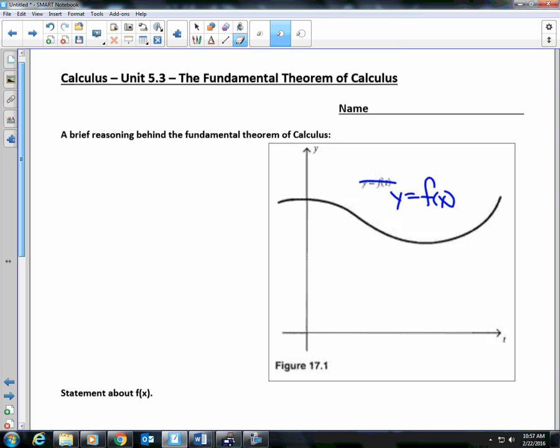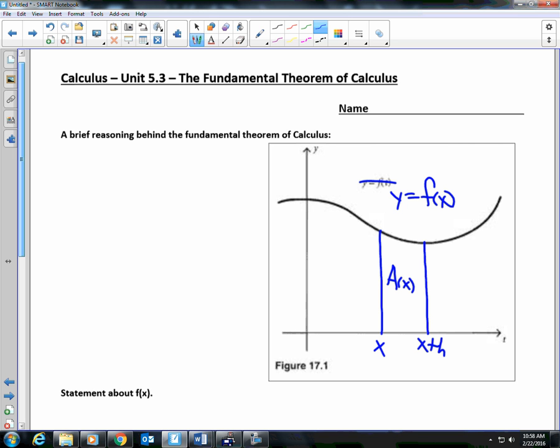Actually, I'm going to back that up just a little bit. Call that x. I'm going to call this x plus h. And we've been talking about area, right? So we're going to call this shape here an area function. That means as I move this x plus h further to the right, what's going to happen to the value of that area?